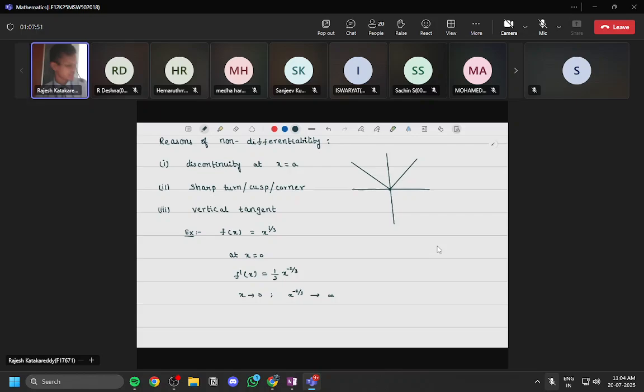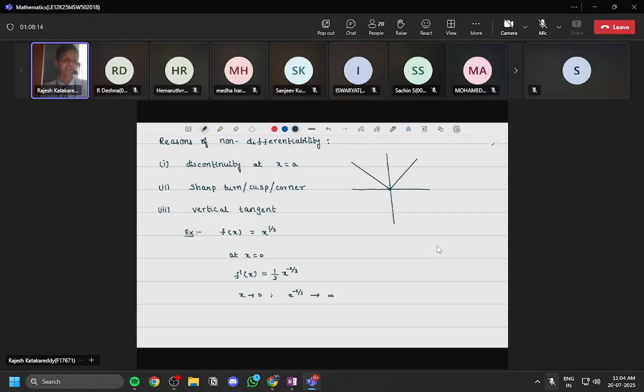There are three simple reasons. Understood this one? Any doubts in this? Anybody? First reason may be discontinuity. If there is discontinuity, a unique tangent we cannot draw. Second reason, a sharp turn, sharp corner. If there is a sharp corner, again a unique tangent does not exist.